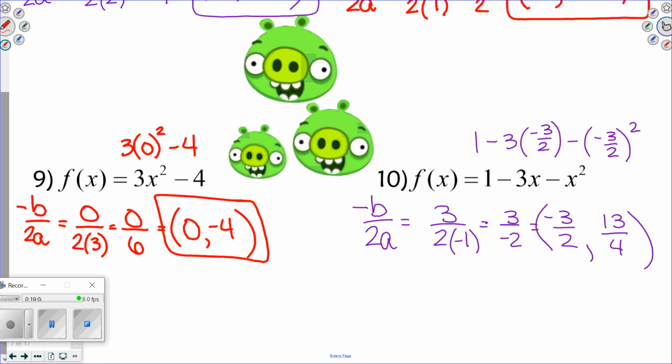All right, guys, I think some of you are having issues because you rewrote it in the right form, which is great. I'm glad that that's your first instinct. But when you rewrite this, that negative stays with that x squared. So it stays negative x squared minus 3x, and that's a positive 1. So when you're typing things in, my negative b over 2a shouldn't change. It's still the same values.